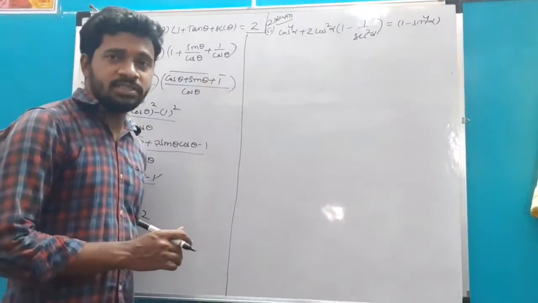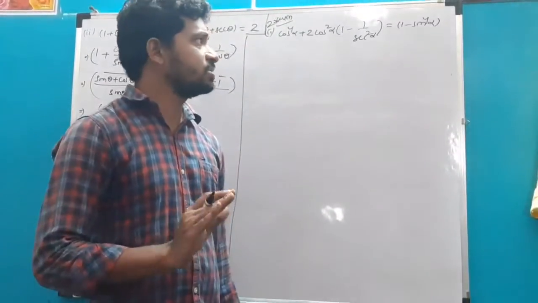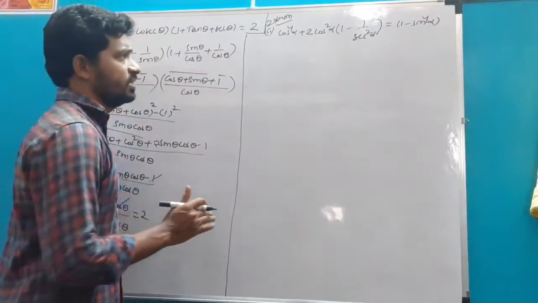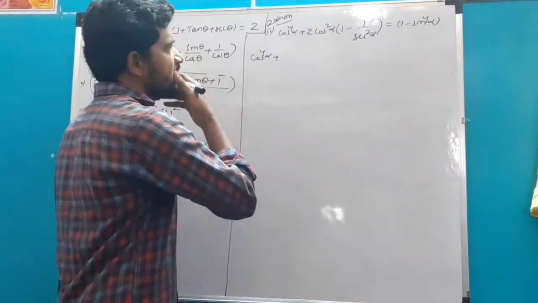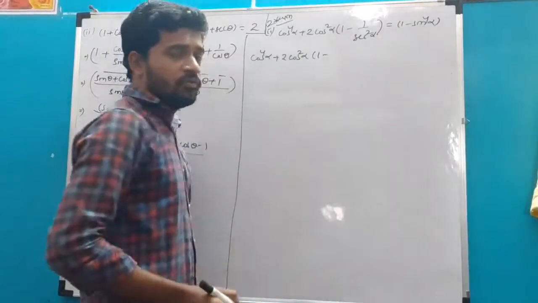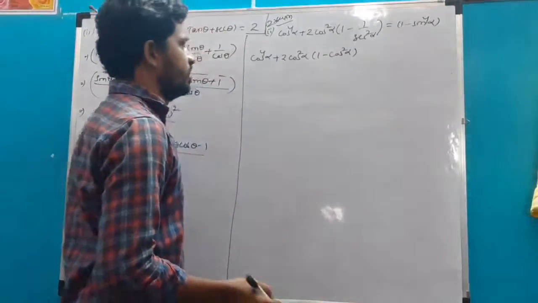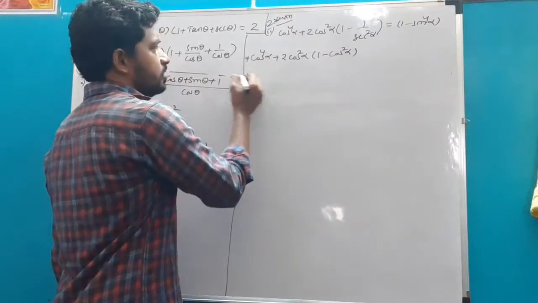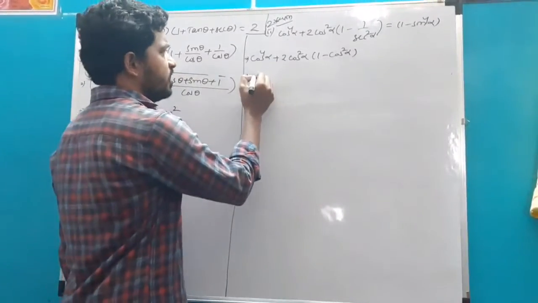Observe the LHS. LHS is given in terms of cos, but RHS is given in terms of sin. So we need to use the relation sin square theta plus cos square theta equal to 1 to convert this one. Let's write down first cos to the power of 4 alpha plus 2 cos square alpha, where 1 minus 1 by secant square can be written as 1 minus cos square alpha. If you observe the terms here, what common factor can we take?